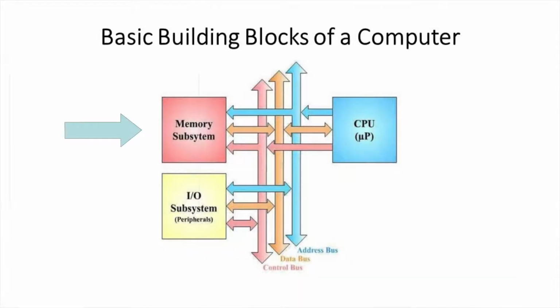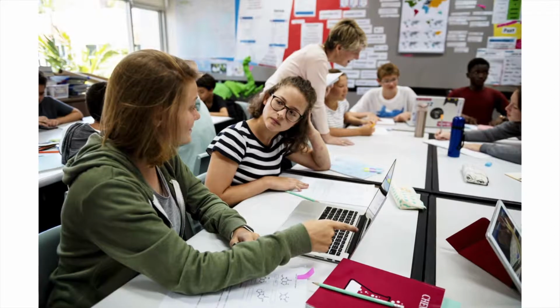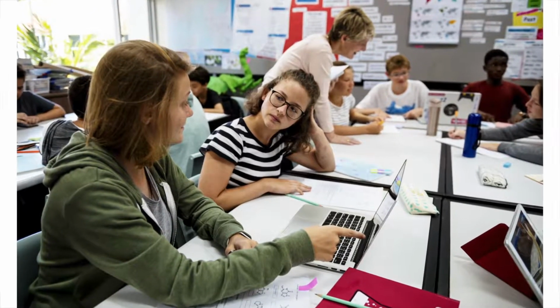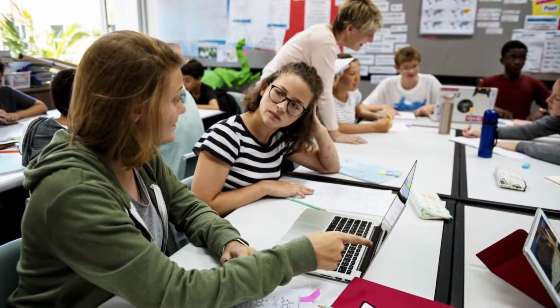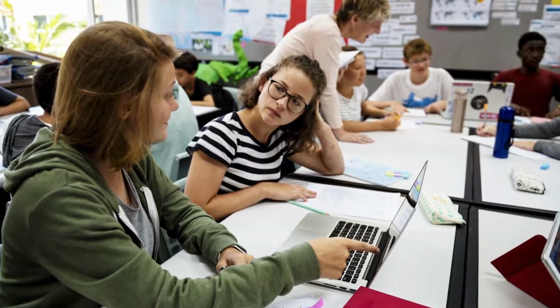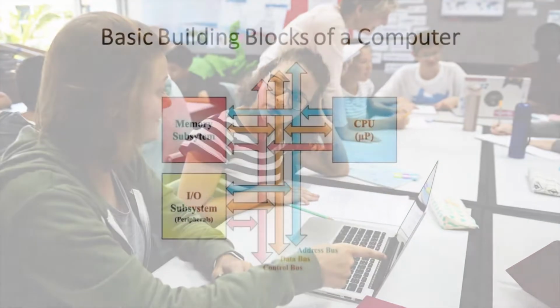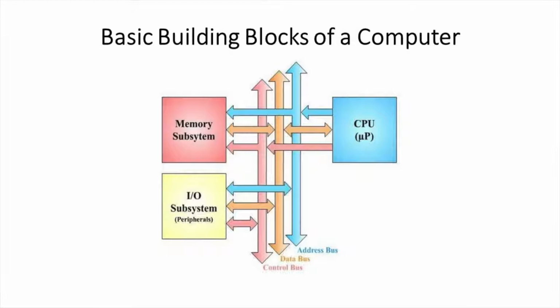The second subsystem is the memory or the random access memory, where the CPU accesses both instructions and data. The memory subsystem is very important, since it holds the temporary working data of the CPU.